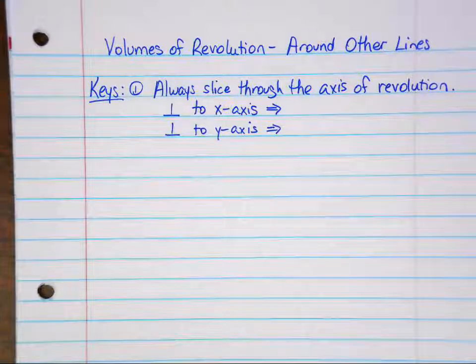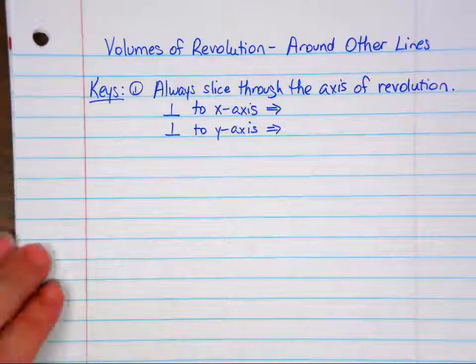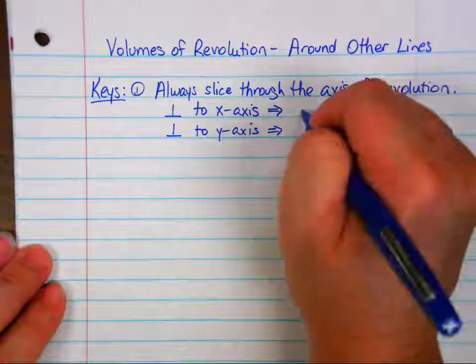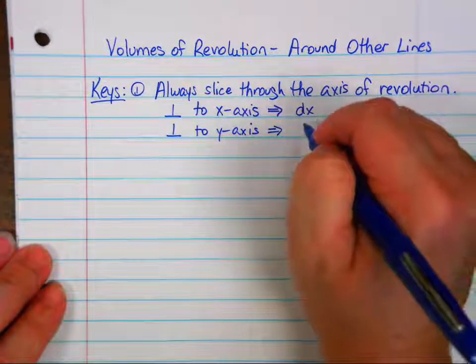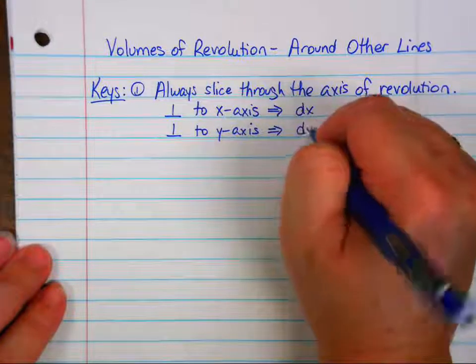One is dx and one is dy. This is the way you slice, not the way you revolve, but the way you slice. This is the same as it is for cross sections. If you slice perpendicular to the x-axis, which one is it, dx or dy? Dx. And if you slice perpendicular to the y-axis, it is dy.